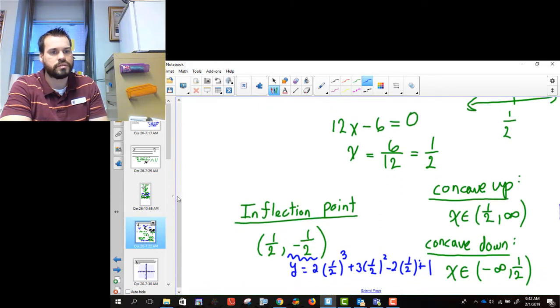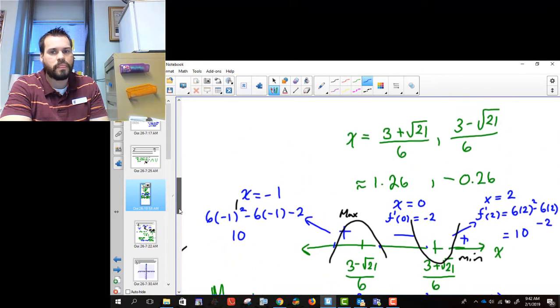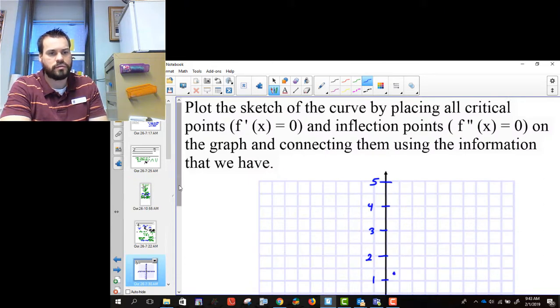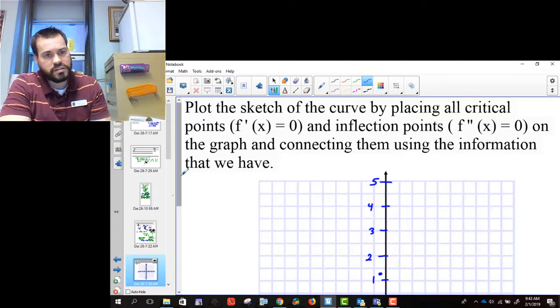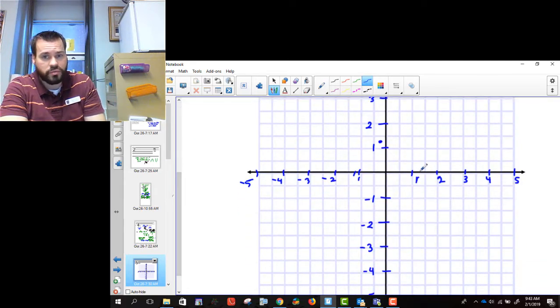Whoops, missed the slide here. Go back to that slide. Then we found our minimum was at 1.26 and negative 2.28. So we'll plot that again. It goes somewhere between 1 and 2, obviously, that's 1.5, so it's kind of here-ish. There's our minimum.